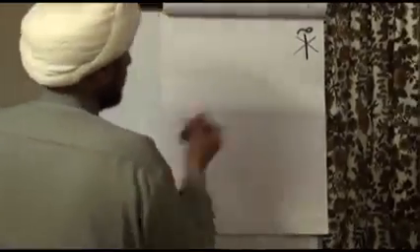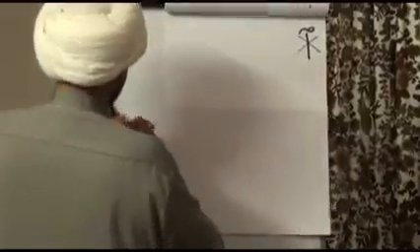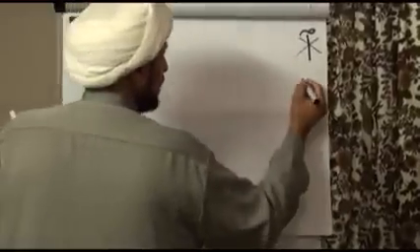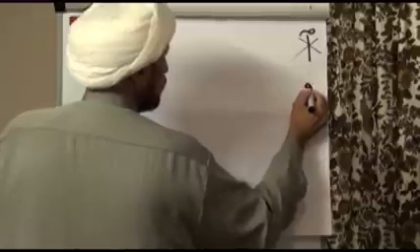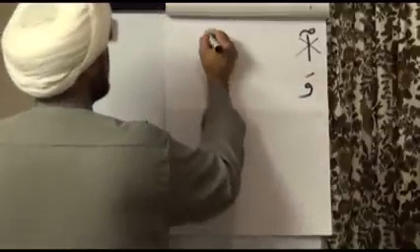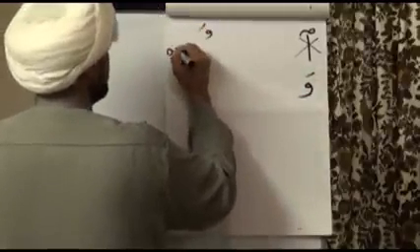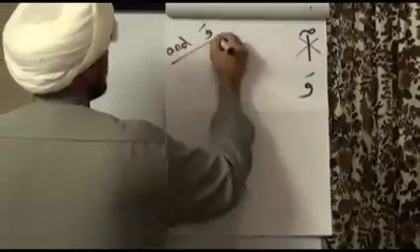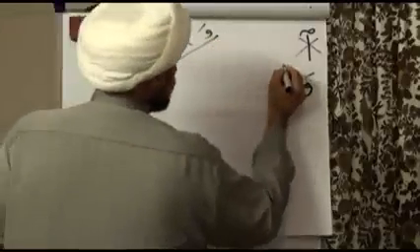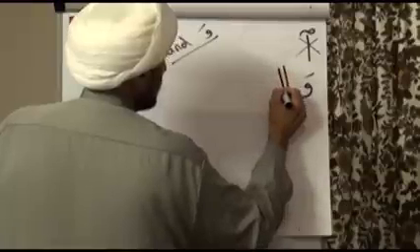Remember our sun letters and moon letters? In the Arabic language, wa means "and." It's a conjunction.